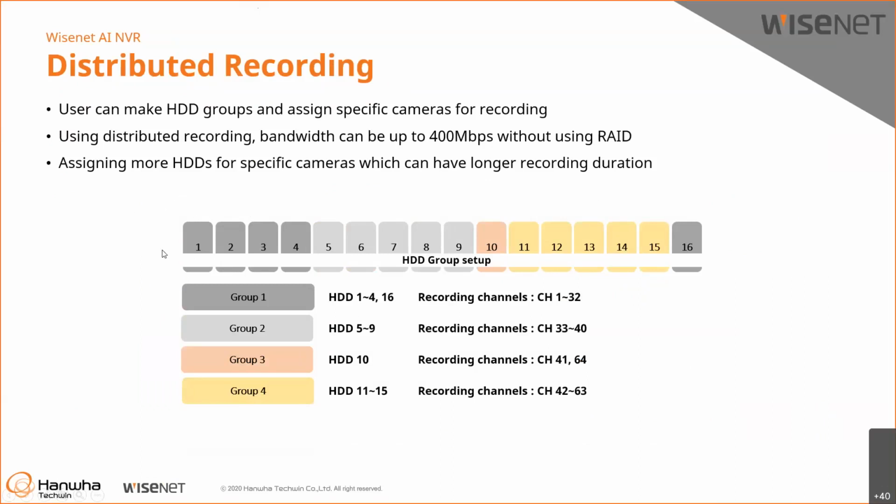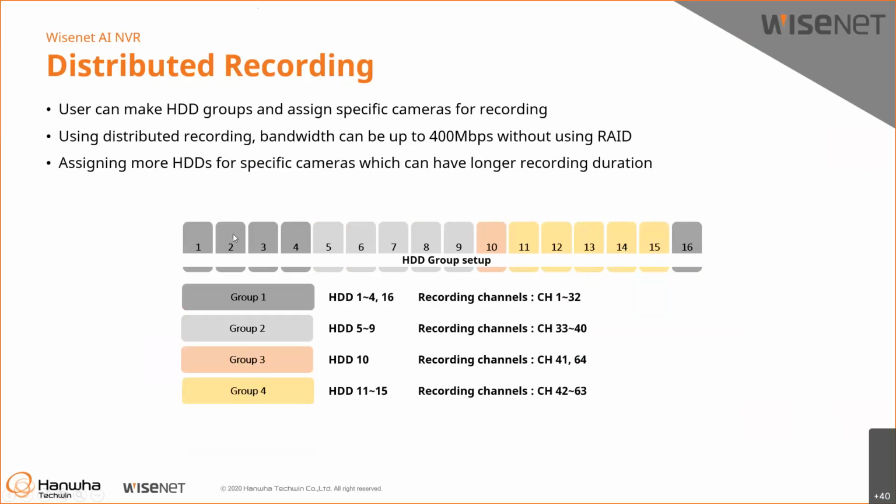So for example here, you make group 1 with four hard drives and you assign 32 channels of cameras. Then these 32 channel cameras will be recorded only to hard disks number 1, 2, 3, 4. But it will not record one by one. I mean, it does not record to hard disk number 1, then go to 2, then go to 3, not like that.